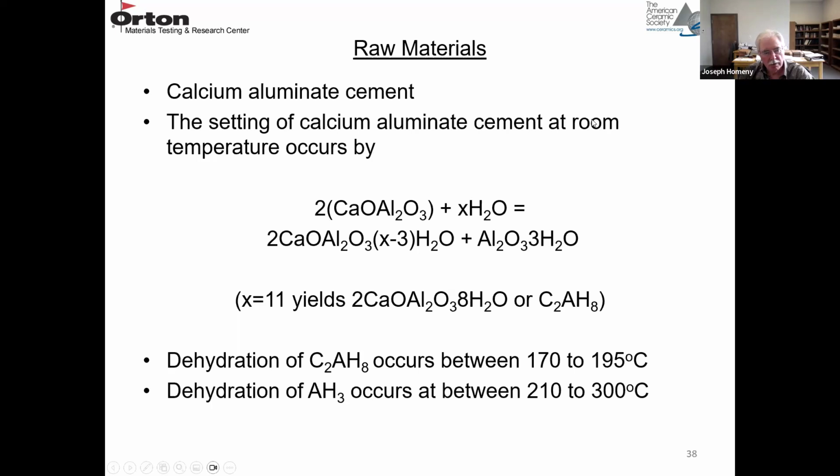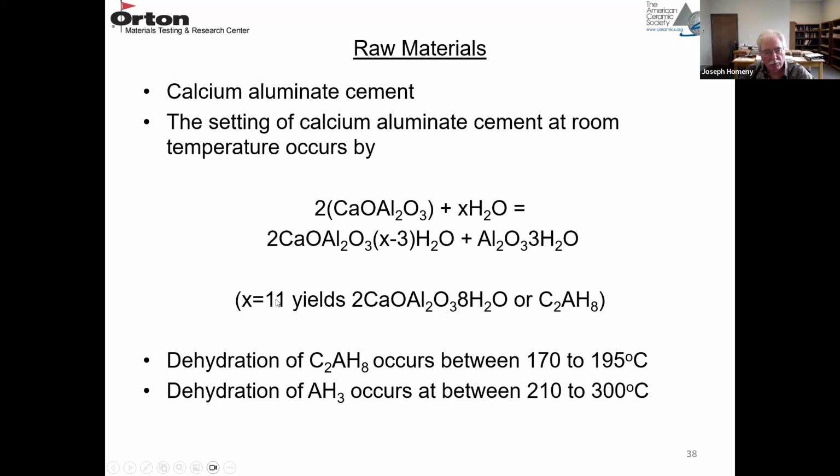So this is at room temperature. 2CaO Al2O3 plus XH2O forms this compound here. 2CaO Al2O3, then it's X minus 3H2O plus this hydrated alumina, Al2O3 3H2O.